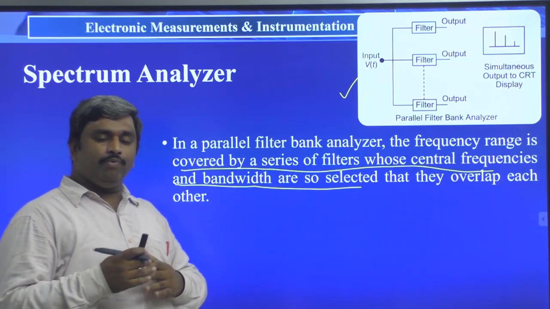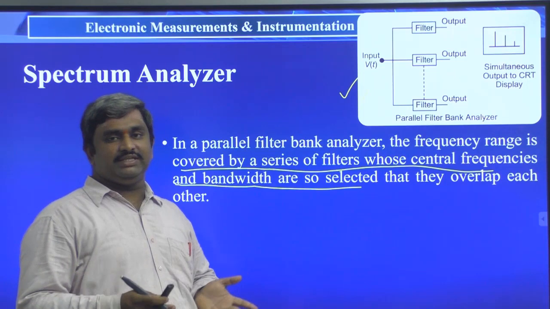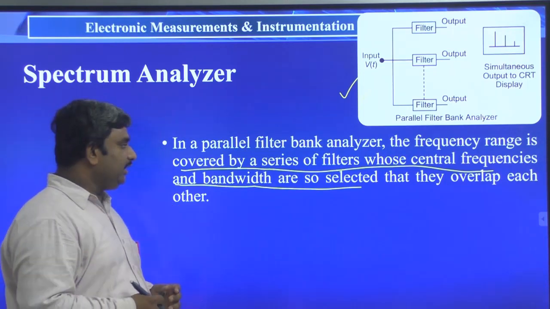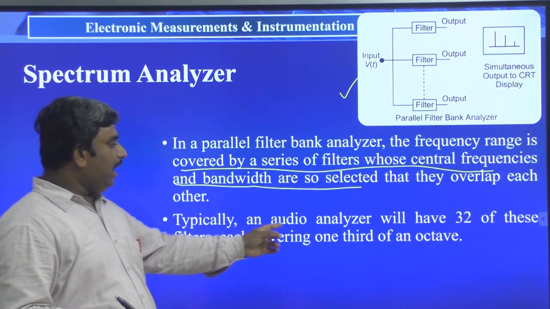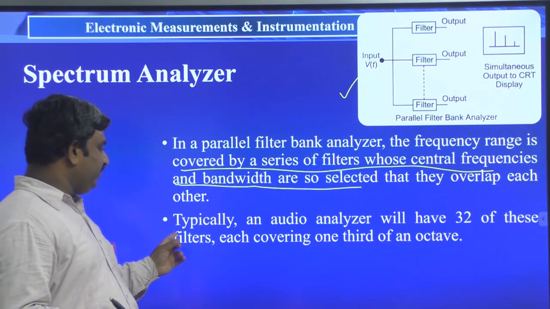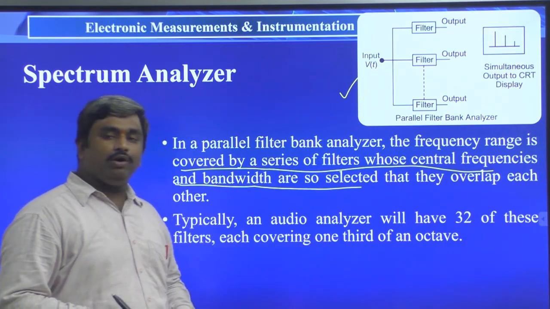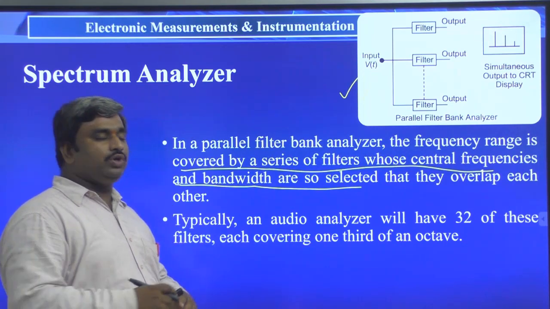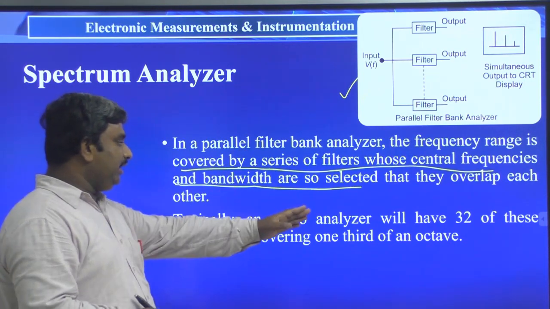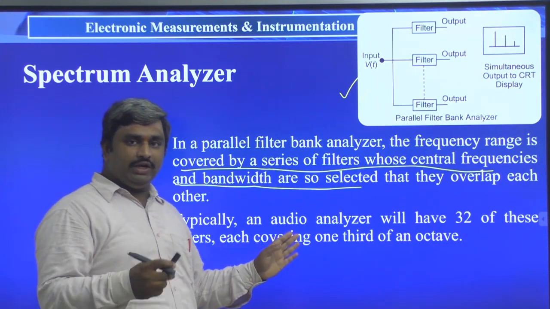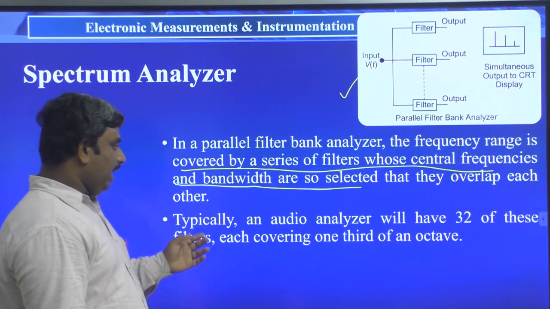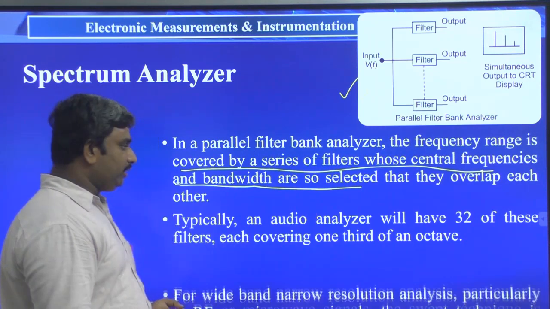So the series of filters covers the entire frequency range. Typically, an audio analyzer will have 32 of these filters, each covering 1/3 of an octave. Nearly 32 filters are generally used in the spectrum analyzer. It covers all the information, each covering 1/3 of an octave.